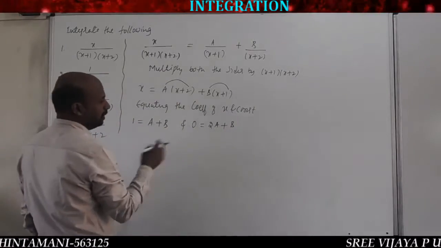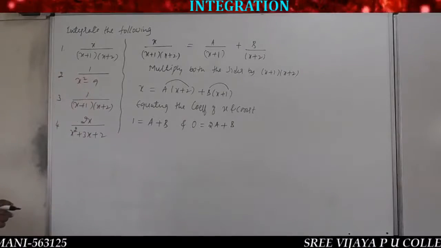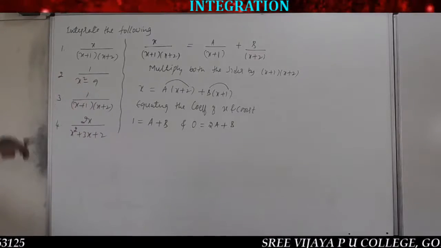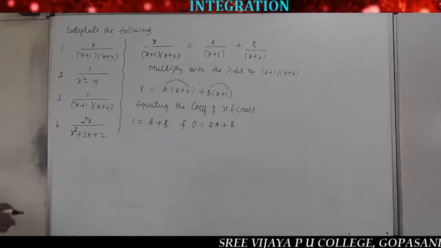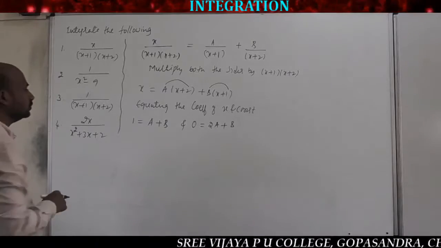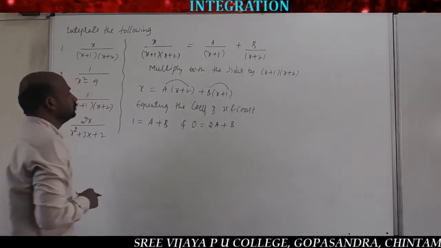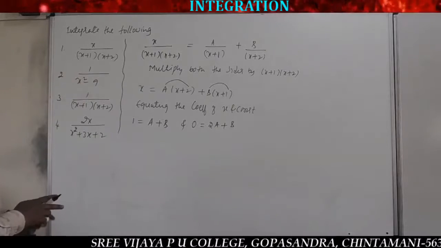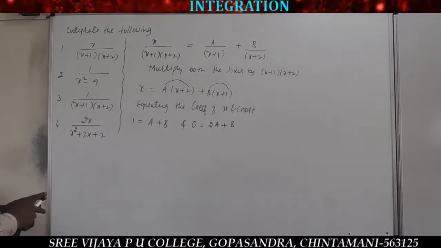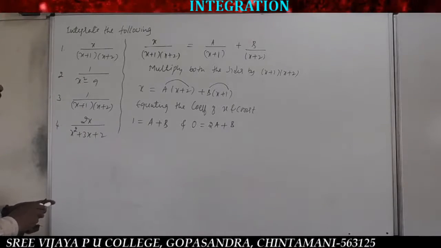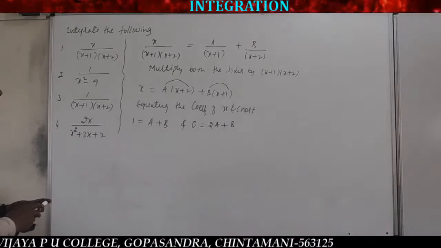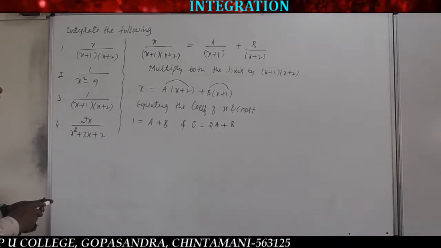Okay, now by solving these two equations one can find the values of a and b. a into x plus 2a, b into x plus b. So 2 times a plus b.